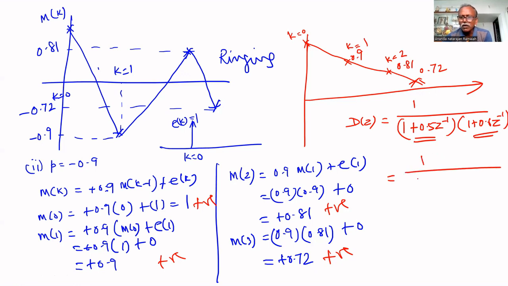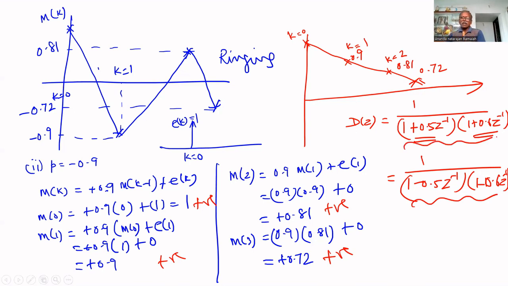Whereas 1 upon 1 minus 0.5 z power minus 1 and 1 minus 0.6 z power minus 1 will not introduce ringing effect, but these two will. That's why we have to factorize the digital controller and check for any positive coefficient of z power minus 1. Any positive coefficient of z power minus 1 will introduce ringing.